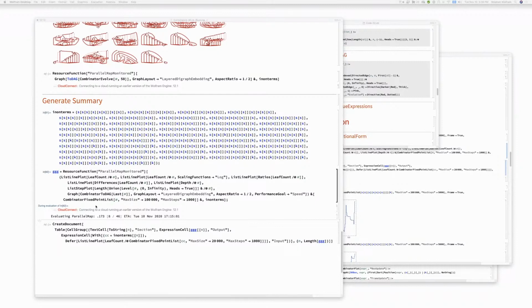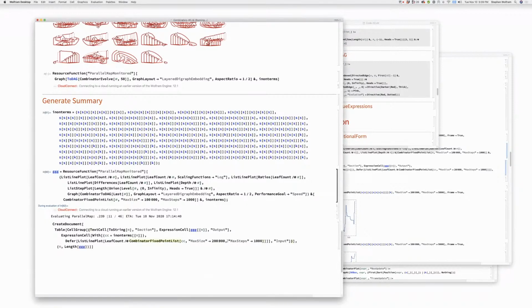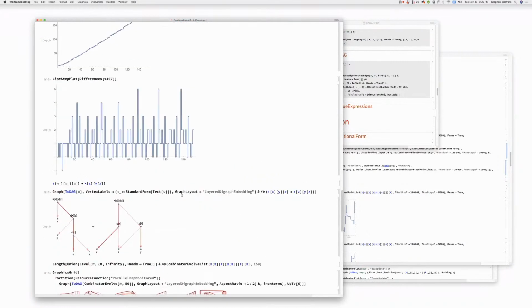And what I'm trying to do here, as you can see, is go to 100,000 maximum size, 100,000 maximum steps, 1,000, and I'm trying to get a picture for all of the different cases that we know don't terminate at size 8 of what happens, because then I want to look at them to try to understand which of them are truly random and which of them have a regularity.